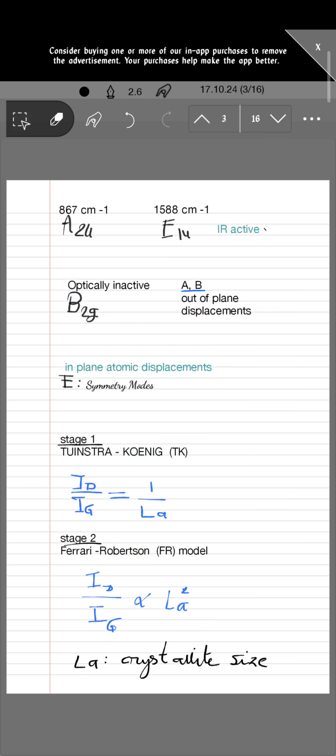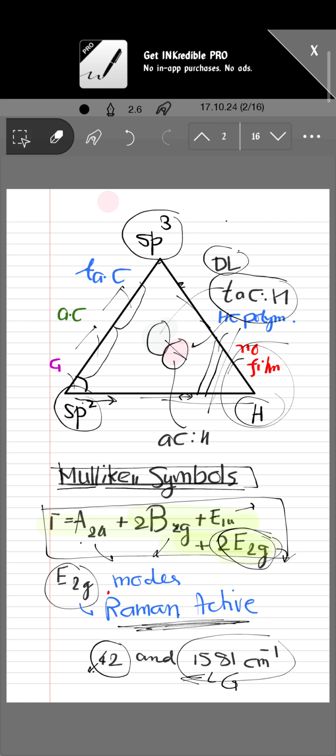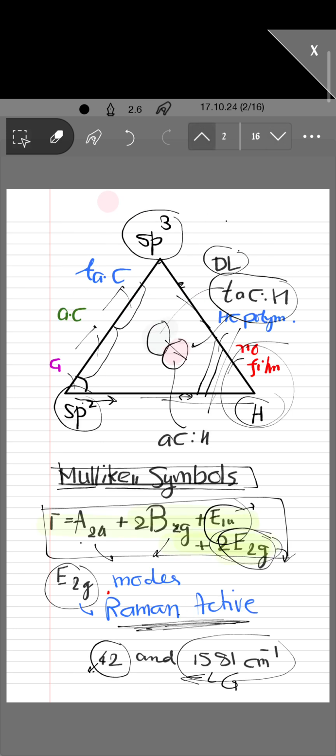Now these are IR active, that is, vibrations are causing a change in polarizability with a non-zero value at the center, or the heat or phononic movement. So they are represented by these two symbols, A2u and E1u. So only here E1u is being used, and A2u, right?